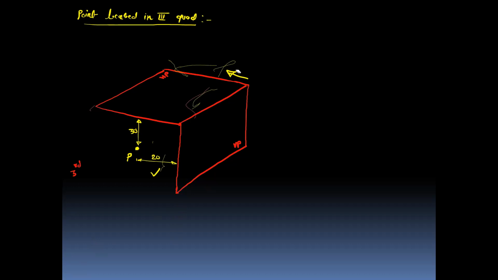first rotate the given plane HP in the clockwise direction and try to align this plane with the vertical plane. So that given three-dimensional representation can be converted into two-dimensional representation.